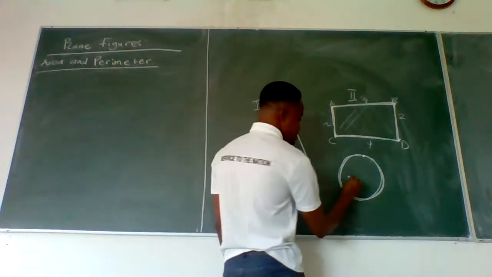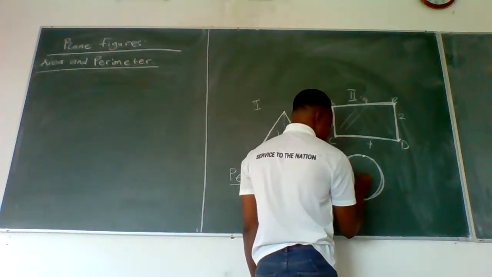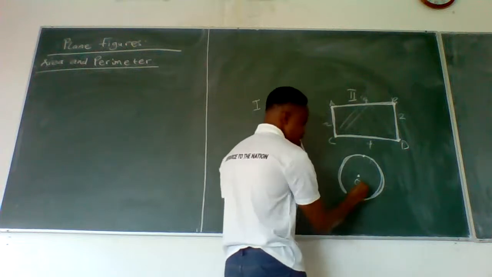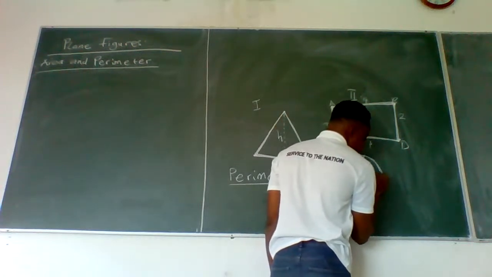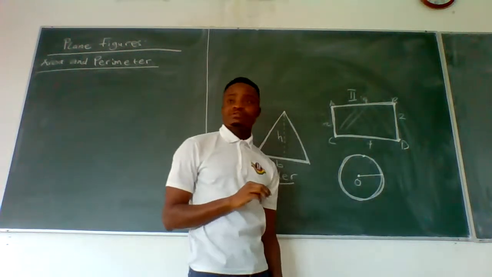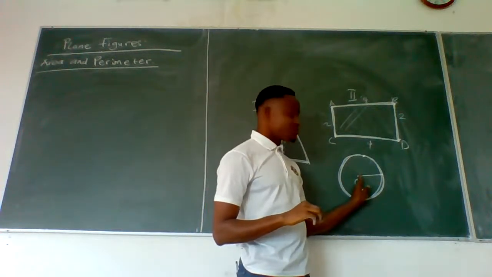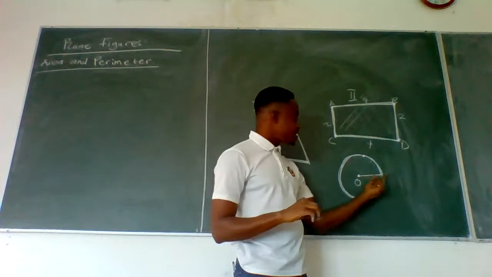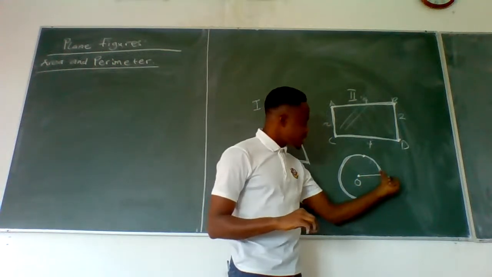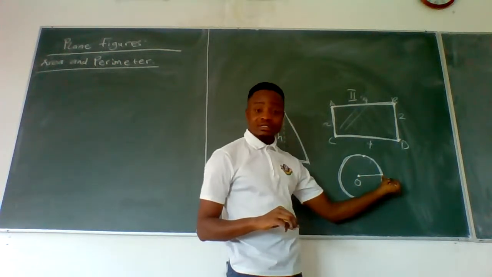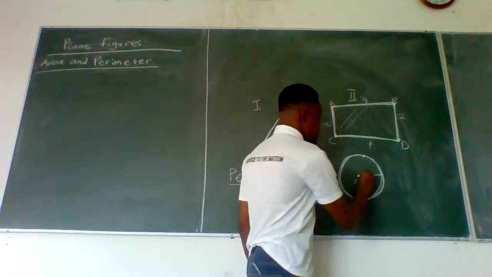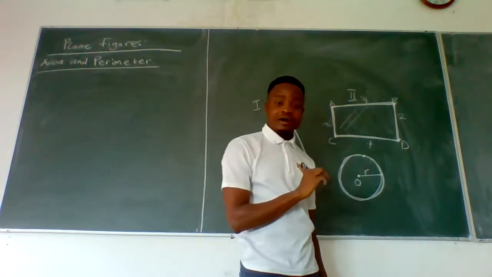So the radius is, you stand at the point, the center, say O, and then a distance to the circumference of the circle. So the distance between the center of a circle and the circumference of the circle is what we call a radius. So this one is a radius.